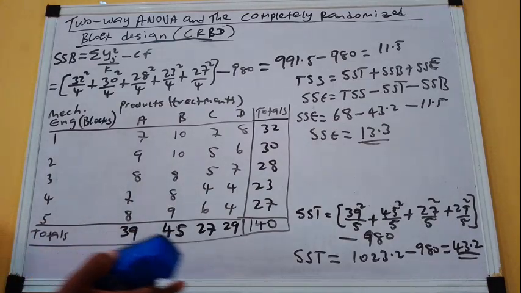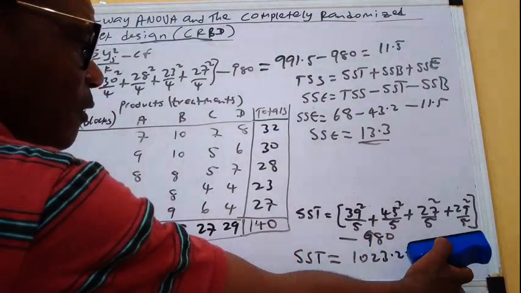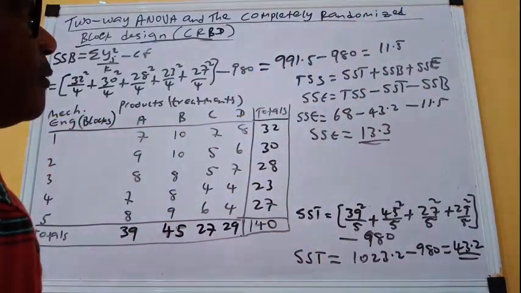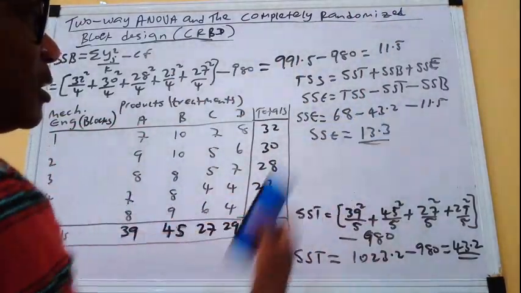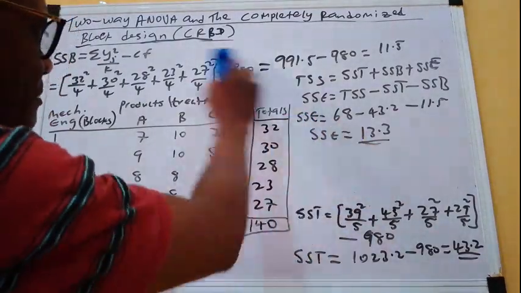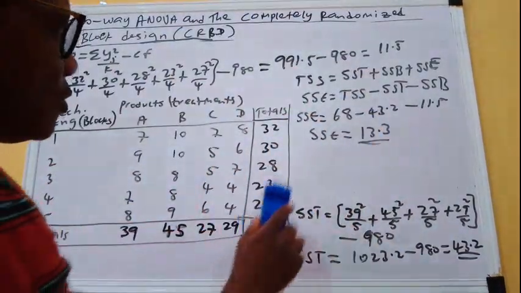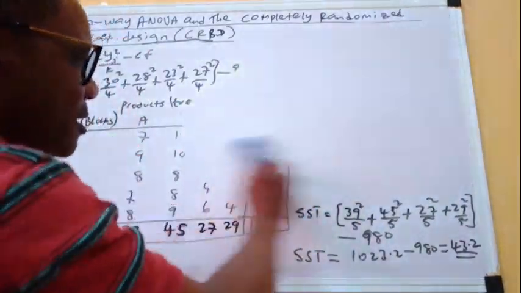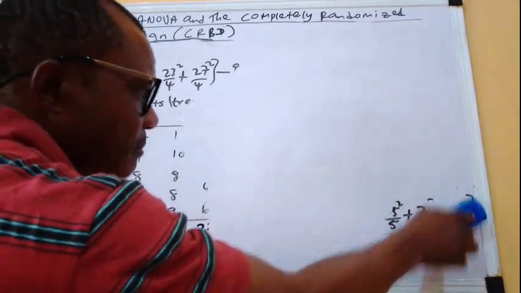I hope you have taken note of these values. The sum of square for treatment is 43.2. The sum of square for block is 11.5. The sum of square for error is 13.3. Then the total sum of square, the TSS, is 68. Permit me to wipe everything off so that we go straight to step 3. We are gradually coming to the end of this problem.